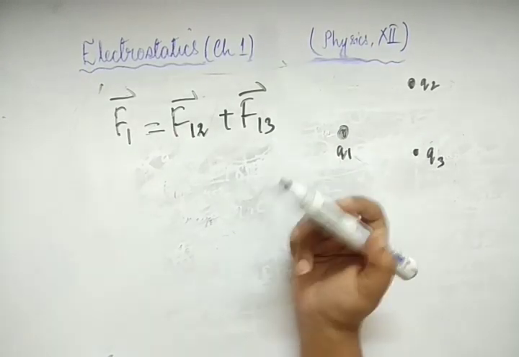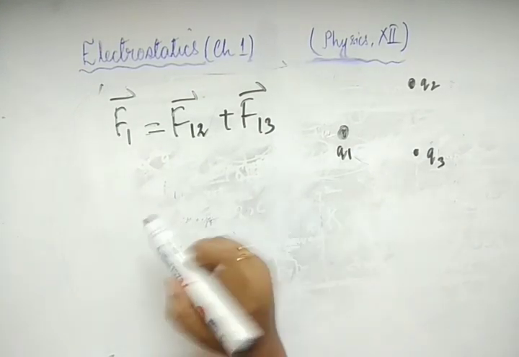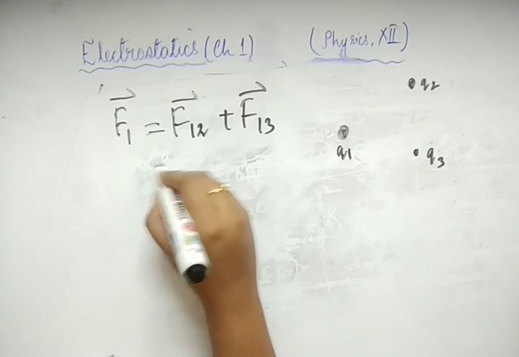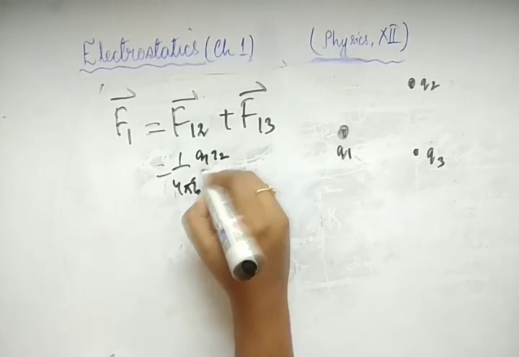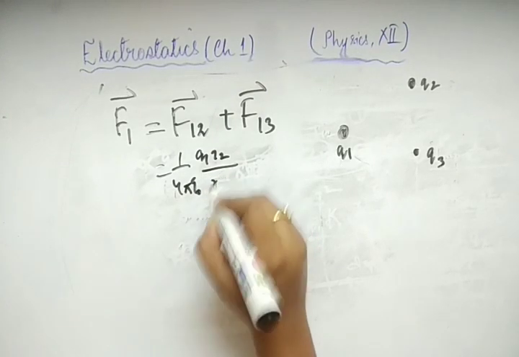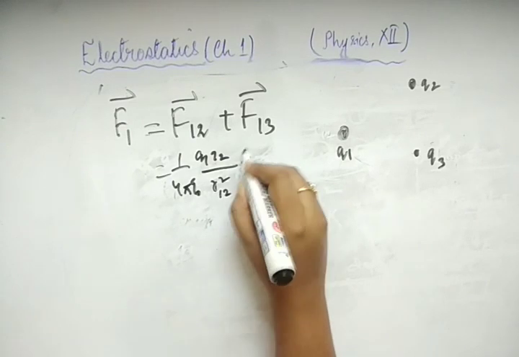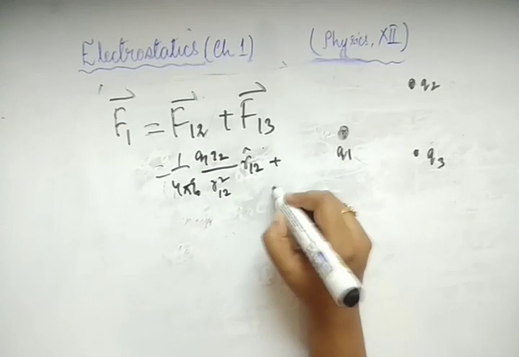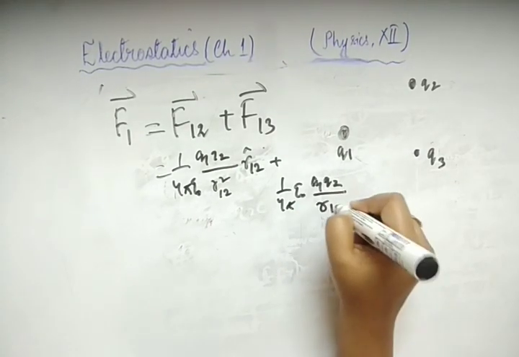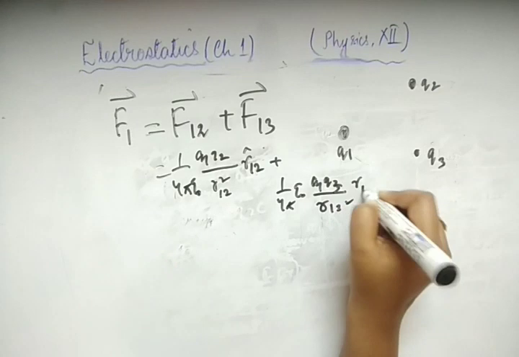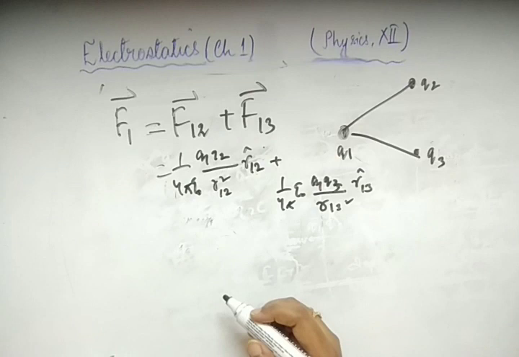Then you can write the formula also: 1 by 4 pi epsilon naught Q1 Q2 by R12 square, and you can also write the direction R12 unit vector, plus 1 by 4 pi epsilon naught Q1 Q3 by R13 square, R13 unit vector. So you can write it in this manner.